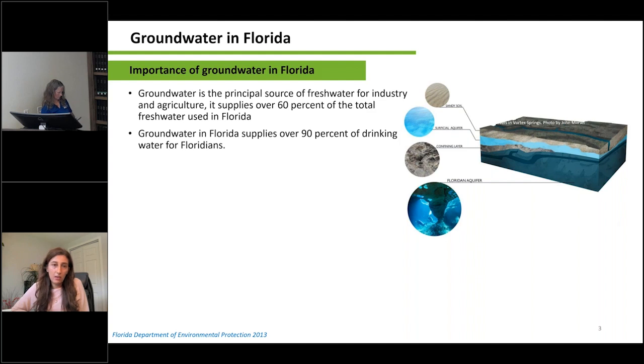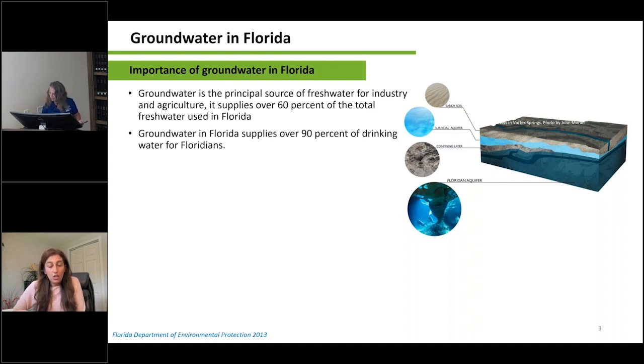When we look at this number, the average in the United States is 20%. Besides that, more than 90% of drinking water for Floridians comes from groundwater. So it can be said that here we rely on this natural resource more than any other place in the United States.